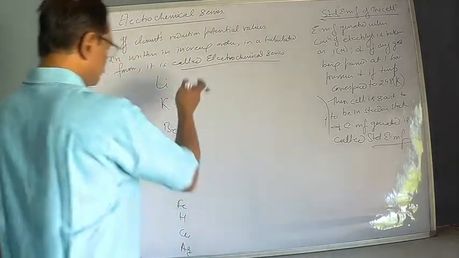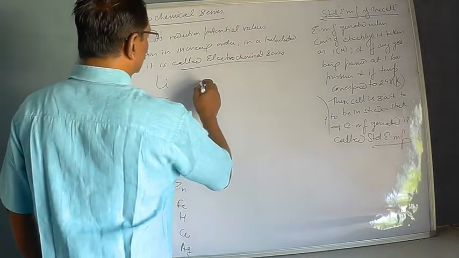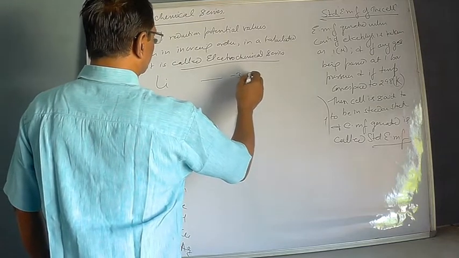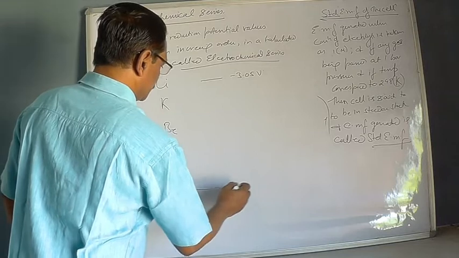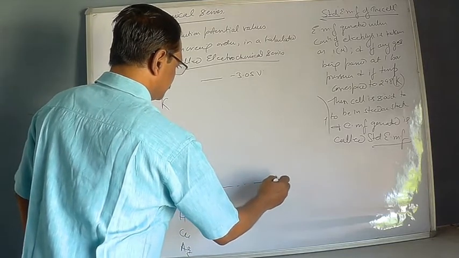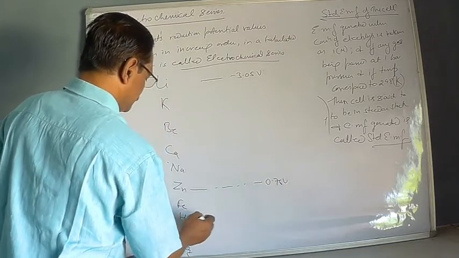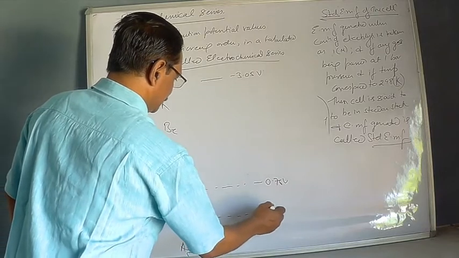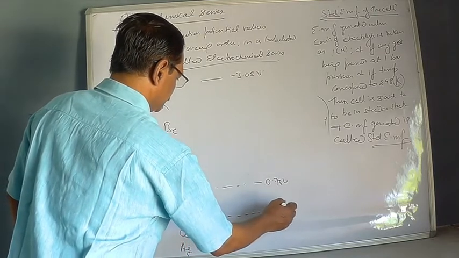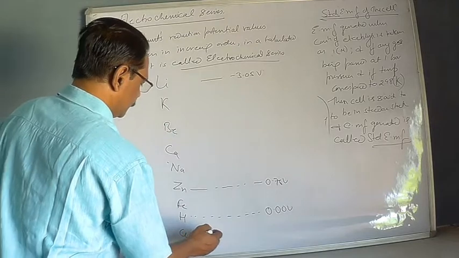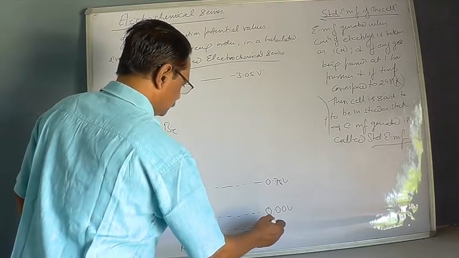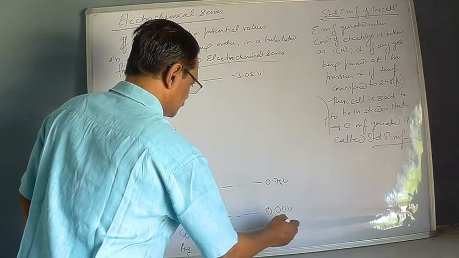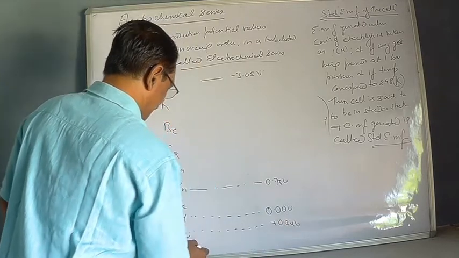So simply remember the applications of electrochemical series. But for your reference, I have got some values here. Zinc we have just now calculated. Hydrogen is taken as standard with 0.00 volt. Copper we already wrote in the Daniell cell. And silver I remember.